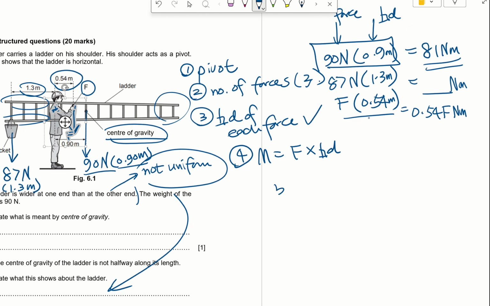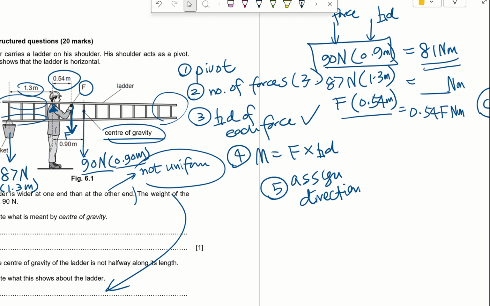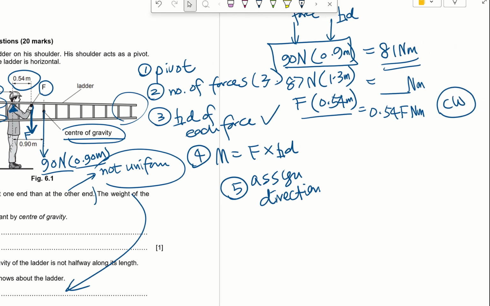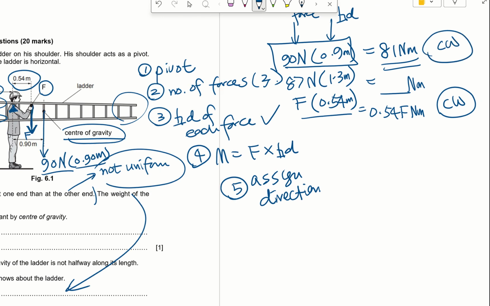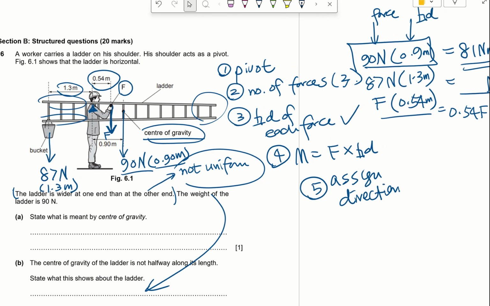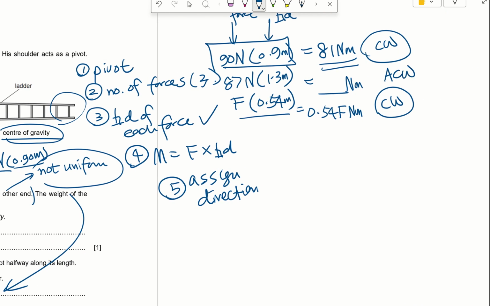Okay, now step 5 is to assign the direction. Okay, in class I've taught you all the pen trick. So basically for F, it is clockwise. For 90 Newton, it is also clockwise. The moment due to the 90 Newton force is clockwise. And for the bucket, the 87 Newton, it will create an anti-clockwise moment.